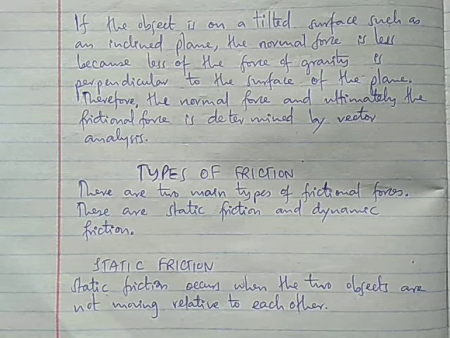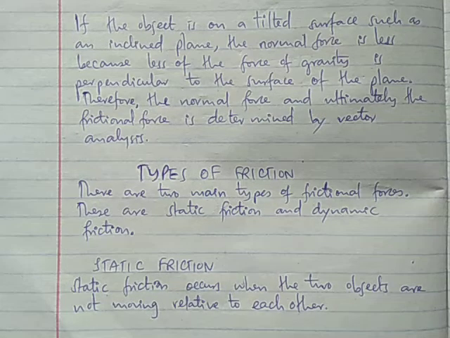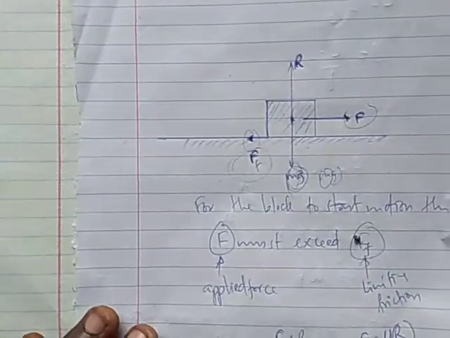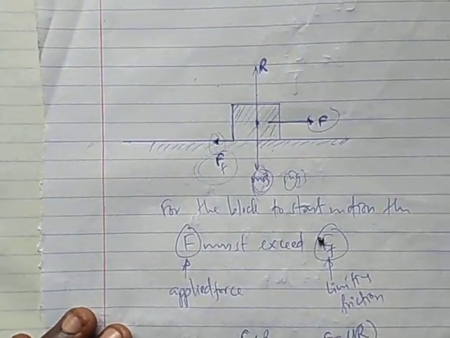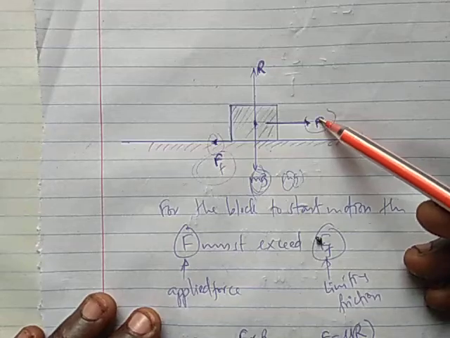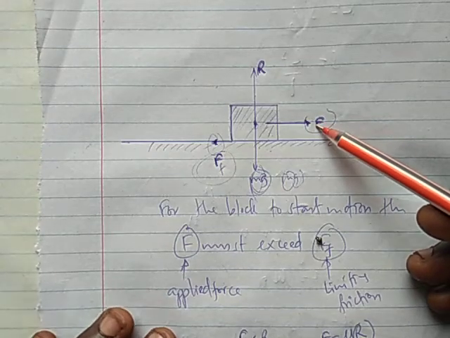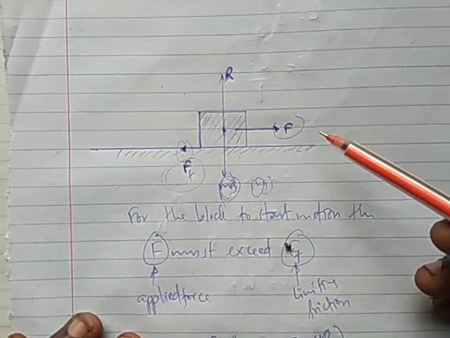Static friction occurs when two objects are not moving relative to each other. Now, why static friction occurs? As I said when I started teaching the topic, when you have the block resting on a table like this way, and then we apply the force. When we apply this force, that means we want the block to start moving.